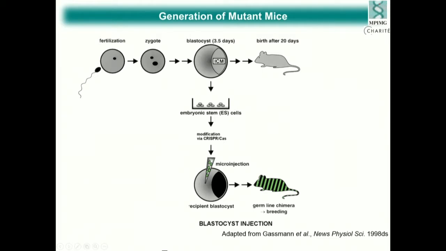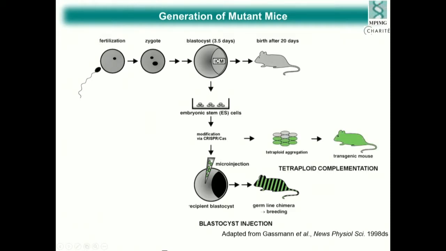However, if you bring in embryonic stem cells that have been modified, that are not tetraploid, it will rescue the blastocyst, and it will make a mouse that is entirely derived from these modified cells. And in that case, no need for a line. You can directly look at your embryos, look at a young mouse, in a homozygous fashion. So in that case, it's actually extremely efficient.